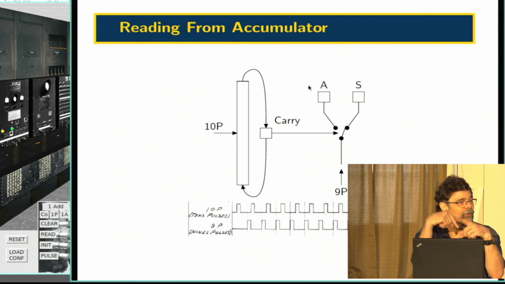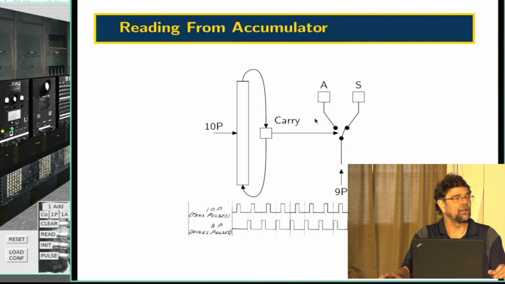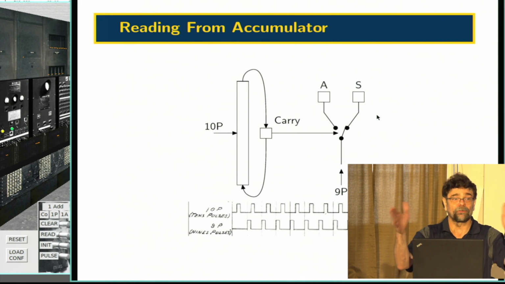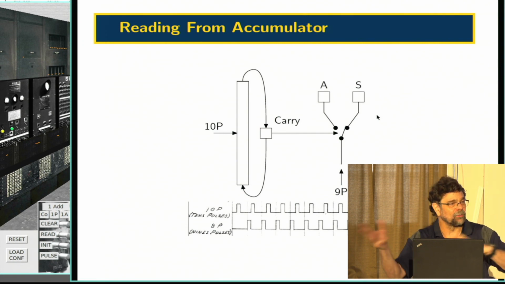And if you sit down and work through it, you'll realize that if this accumulator digit has the value n, then n pulses are going to come out A, and 9 minus n pulses are going to come out S. And that's how we transmit the value and the complement at the same time. More of that parallelism. We can do adds and subtracts at the same time.